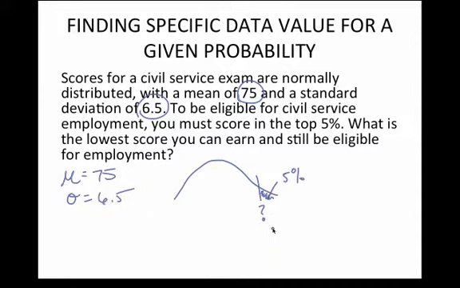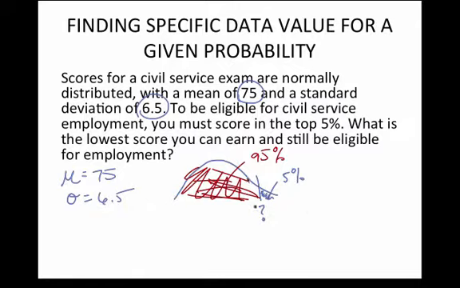Because we can only calculate cumulative areas starting from the left, I'm interested in the 95th percentile right here. Your calculator, and even a table, can only use cumulative area starting from the left.